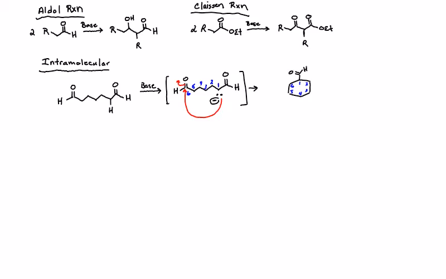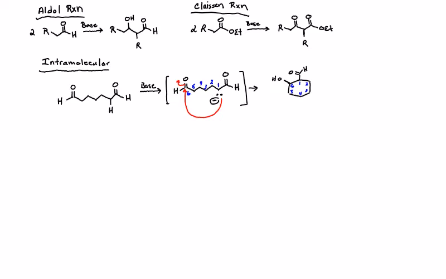And we know that carbon 6 was what got attacked, so this is where our hydroxy group is going to show up. Okay, so what we're able to do is make this cyclic structure. And just like we've seen in the other reactions, with any other aldol reaction, if we heat this up enough, we should be able to get this to eliminate to give an alpha beta unsaturated aldehyde, or we can leave it here as the beta hydroxyaldehyde.